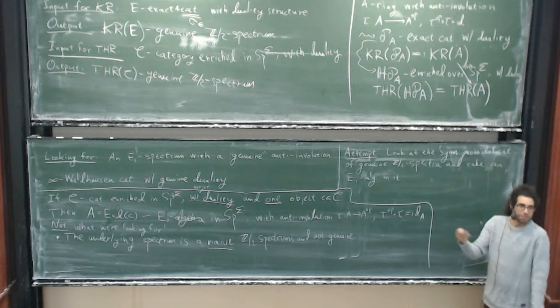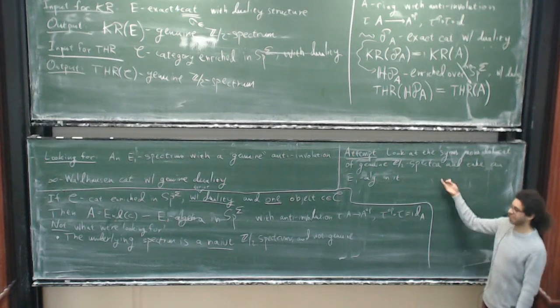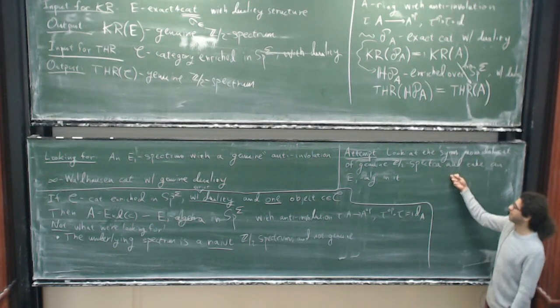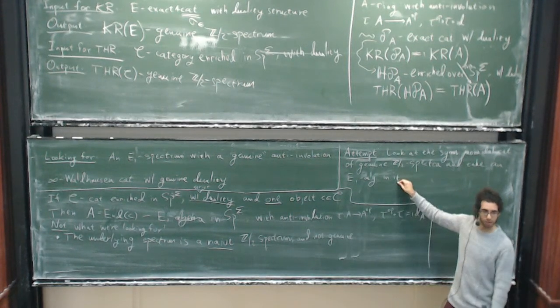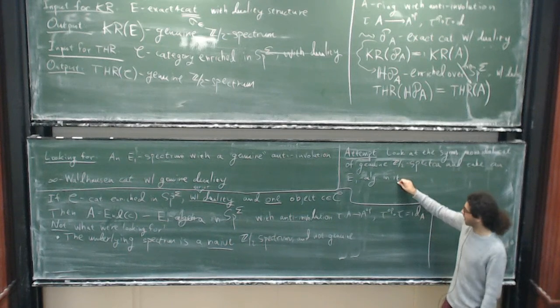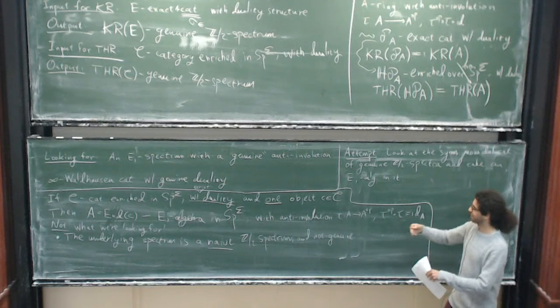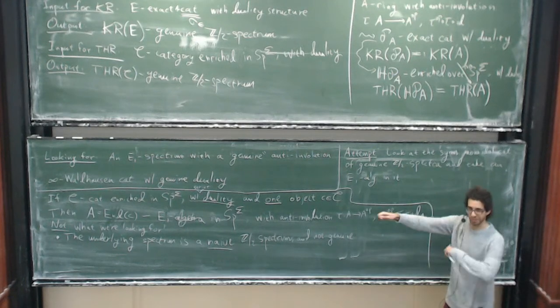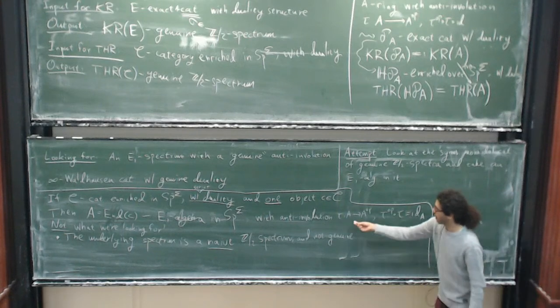So this solves the problem that we had here. By definition, we have an underlying genuine Z mod 2 spectrum. But it creates a different problem. The multiplication structure that we're going to have here will make the Z mod 2 action straight and not twisted. It's not going to be a map from A to A op.